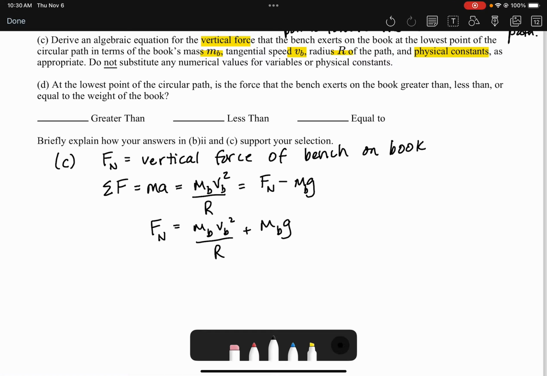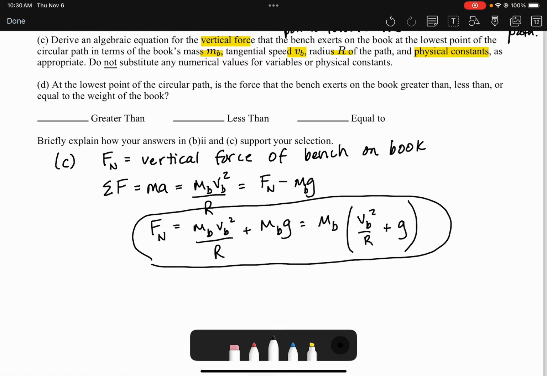If you want to, you can factor out the mass of the book, so it becomes m_b times parentheses v_b squared over r plus g. But that is a preference. Either one of these answers is going to be an acceptable answer for this derivation, and they do not want you to substitute any numbers for this.